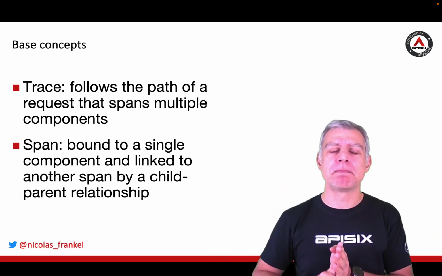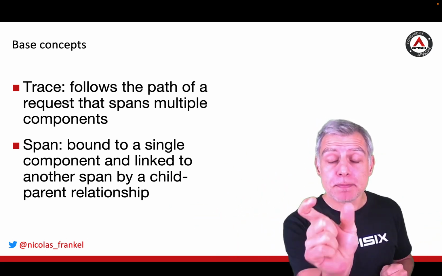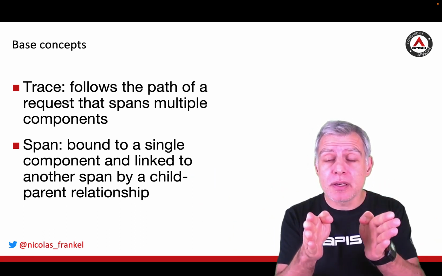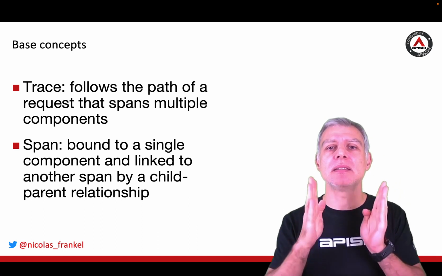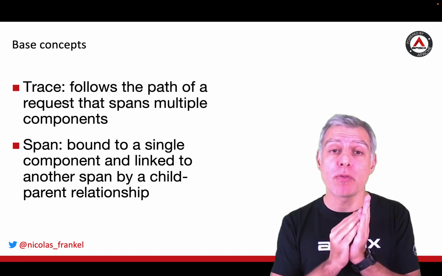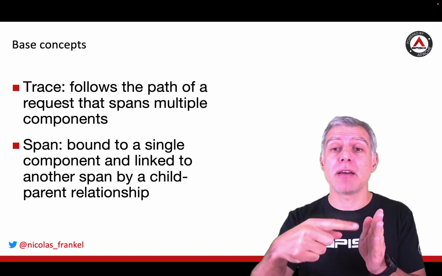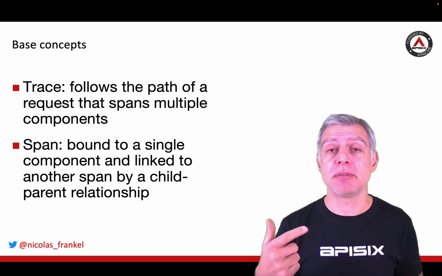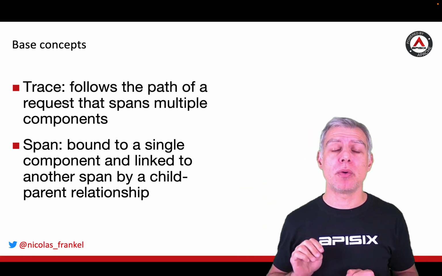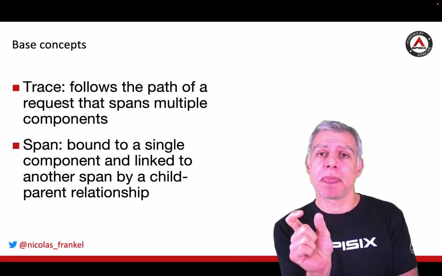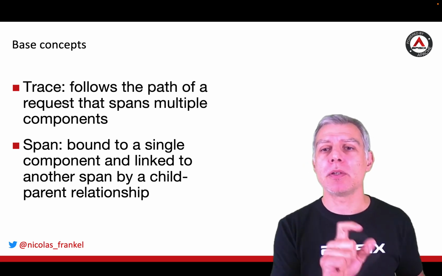That's the trace. And then you've got a span. The span is actually the execution of one part of the trace in a single component. And of course, for each component, you can have multiple spans if you're interested in where, inside this component, the flow of the request goes. Each of those spans is bound together in a parent-child relationship.